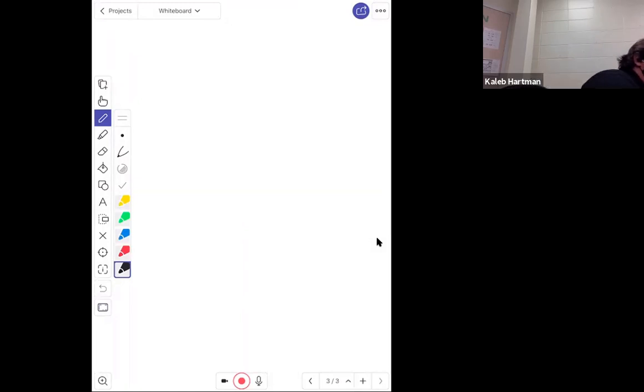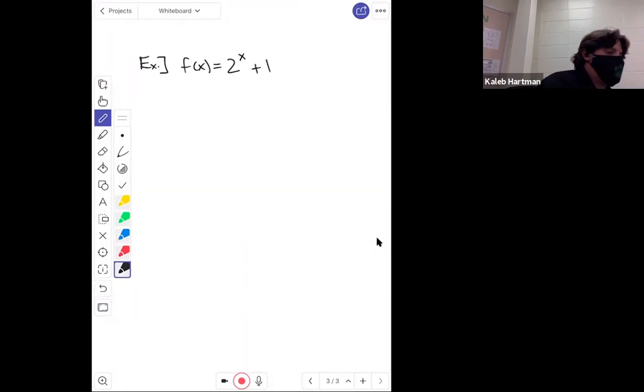The first one is a pretty simple example. It's the function f of x equals 2 to the power of x plus 1. Guys, that plus 1, is that an h? Is it a k? Is it a? What is it?